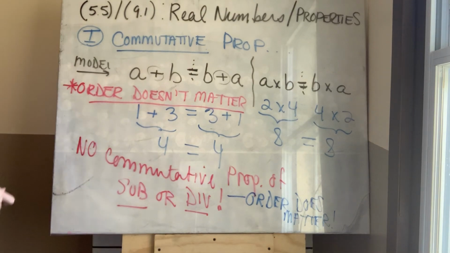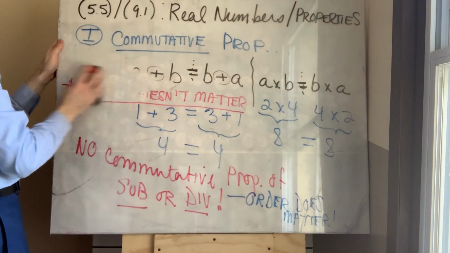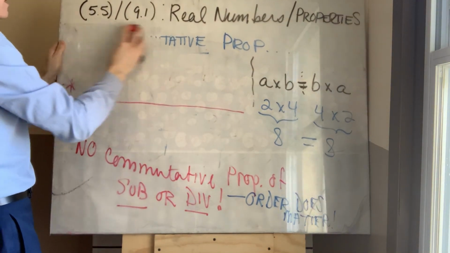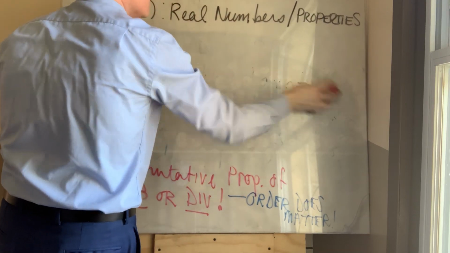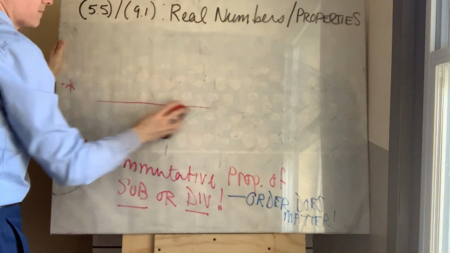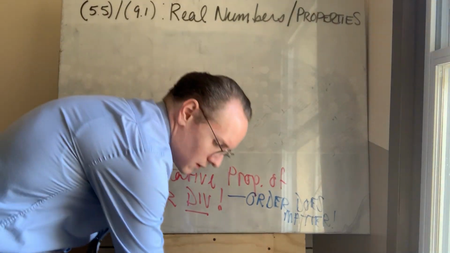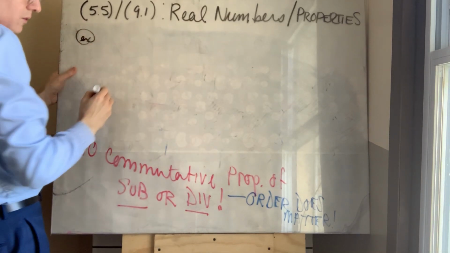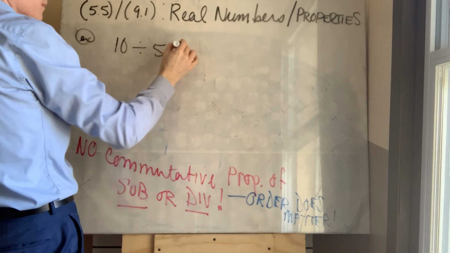If you reverse the position of things that are being divided or things that are being subtracted, you will get a very different answer in either of those cases. Here's proof of that. Say hypothetically you had 10 divided by 5, and then I'm trying to make it commutative.